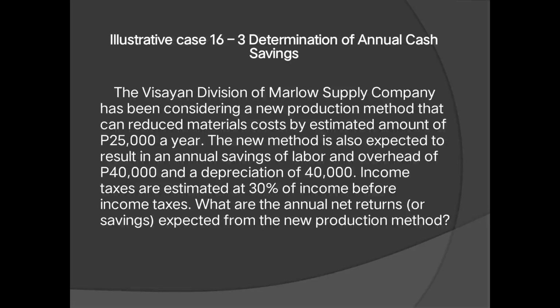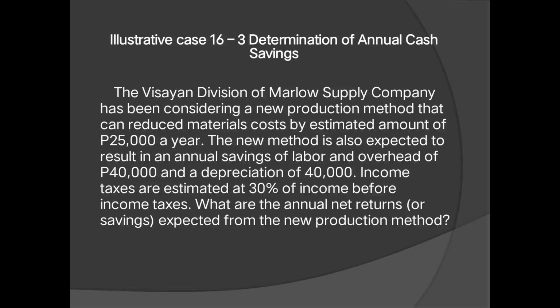The Visayan division of Marlow Supply Company has been considering a new production method that can reduce material cost by an estimated amount of 25,000 a year. So, ibig sabihin, sa new production method na yon is makakatipid sila ng 25,000 a year compared dun sa old method na ginagamit nila.